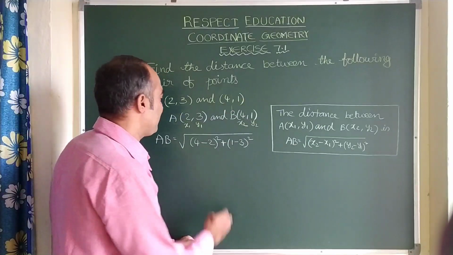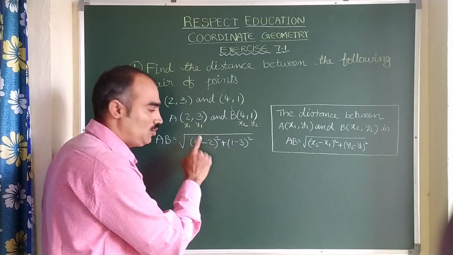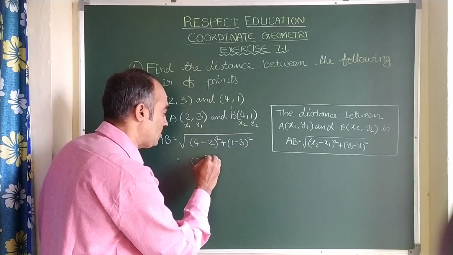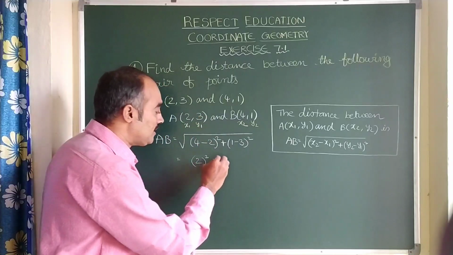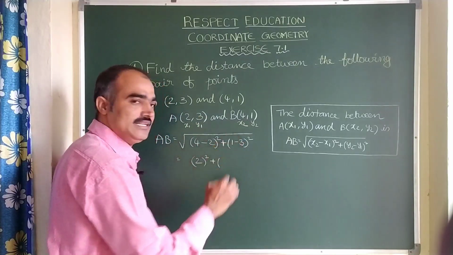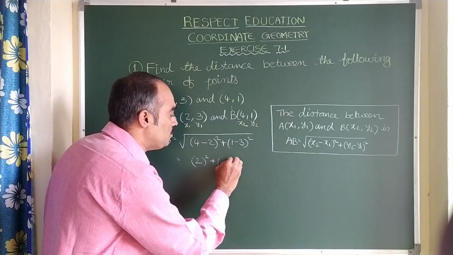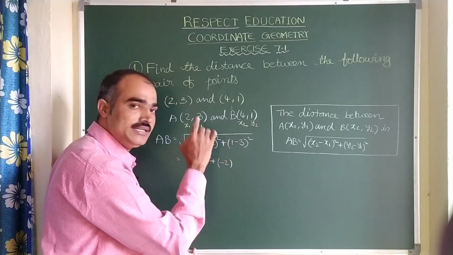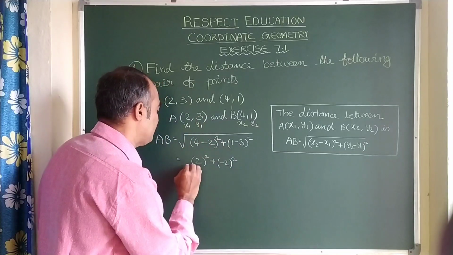Here you observe, children, 4 minus 2 is positive 2, so we can write this as 2 square. It's not at all a problem. But 1 minus 3 is minus 2, and there you have to take care. Minus 2 whole square.